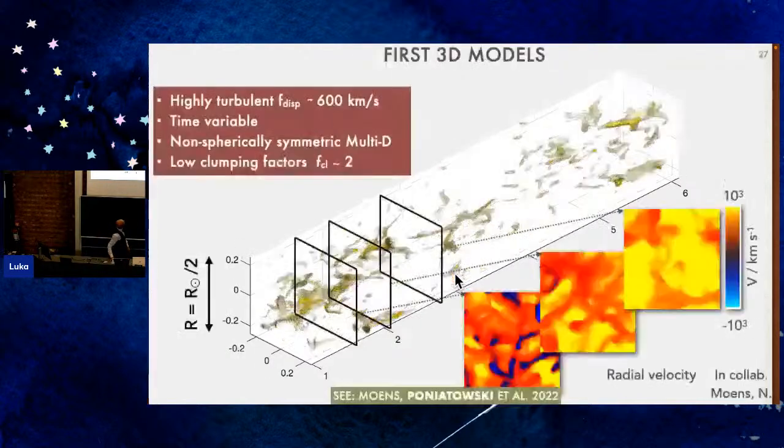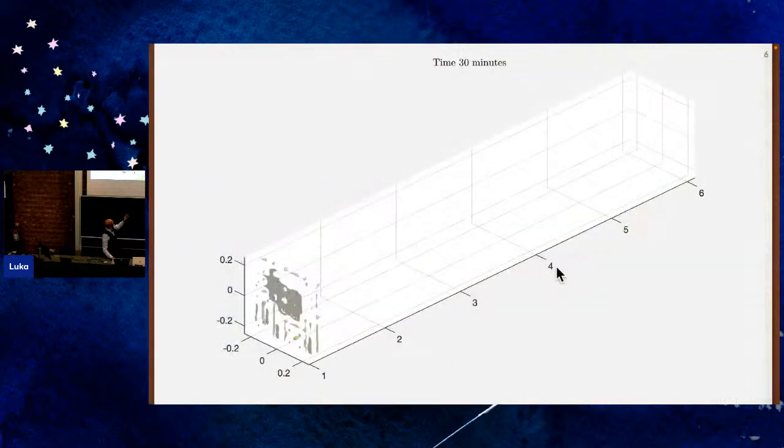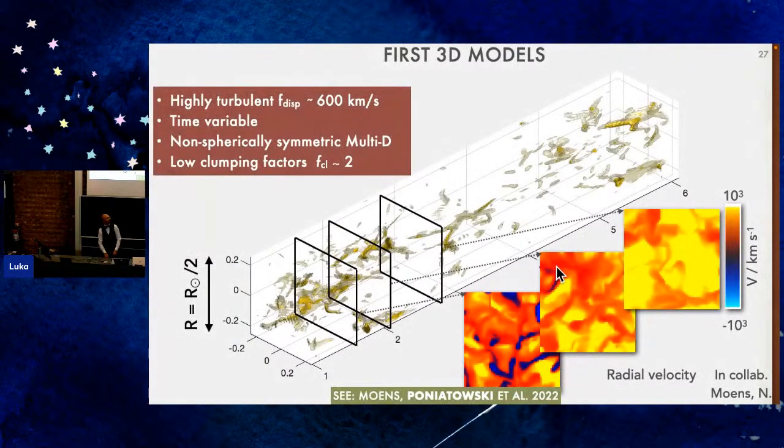So to analyze such simulations, we can also take slices, as shown here in these rectangles, and see how, for instance, radial velocity changes from layer to layer. And what you will see is that even the radial velocity is very structured, and at any given layer you can find regions where we have high radial velocity, regions where we have relatively lower radial velocity.